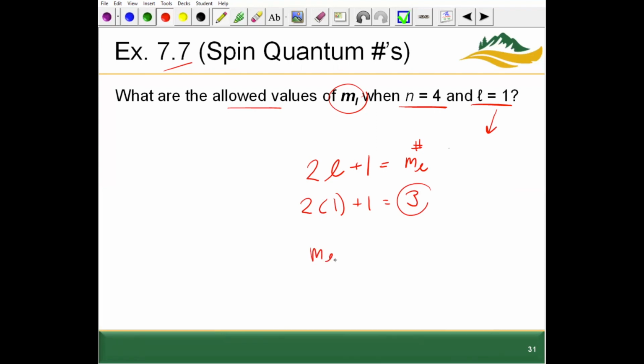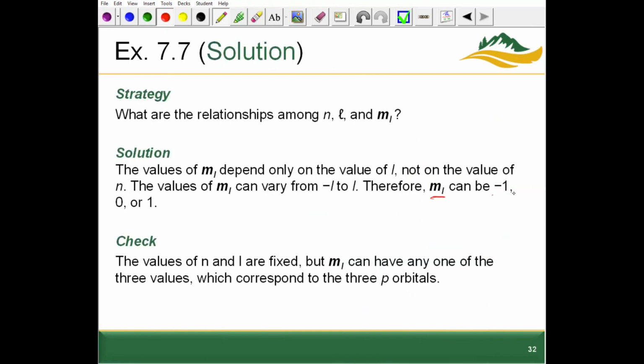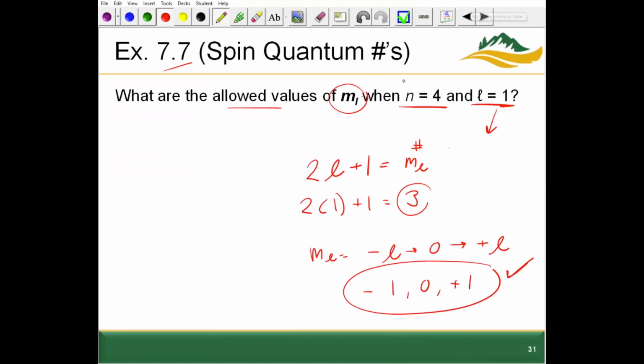For m sub L, we can go -L through 0 up through +L. Our L value is 1, so we'll do -1, 0, and +1. So this means that m sub L can be -1, 0, or 1. Those are possible values for m sub L given this combination of n and L.